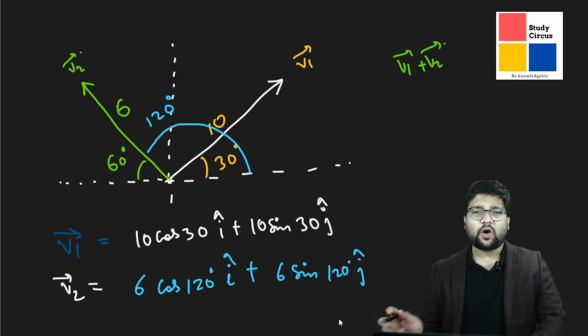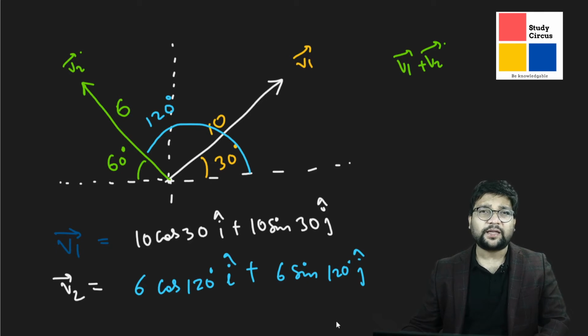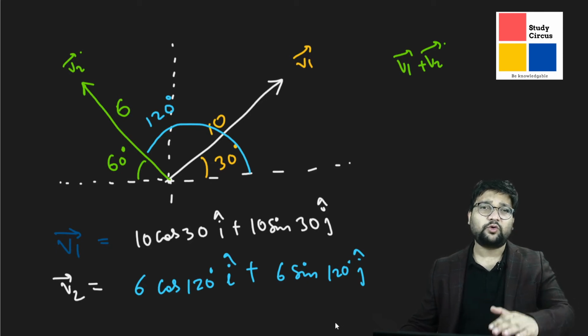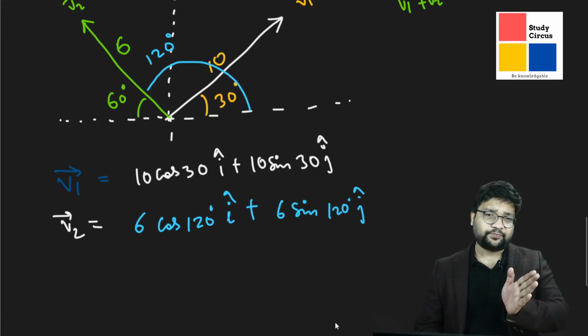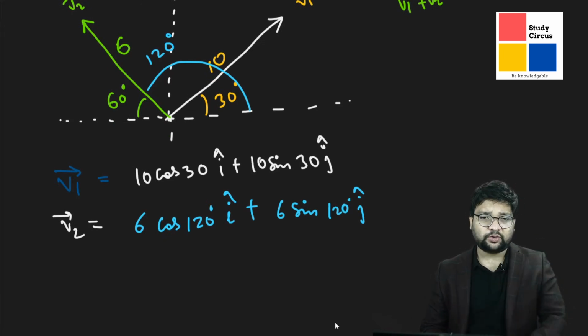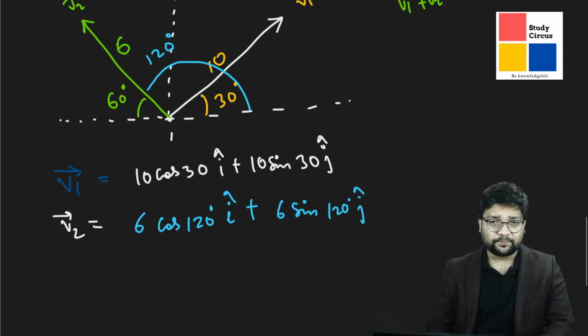Or if you don't want to take the obtuse angle, you can see that this vector v2 is towards this side, so what is the x component of vector v2? It is along this direction, so just find out how much is this length.